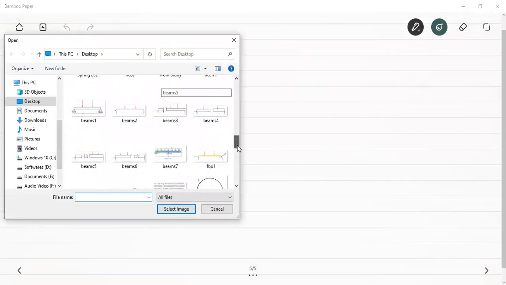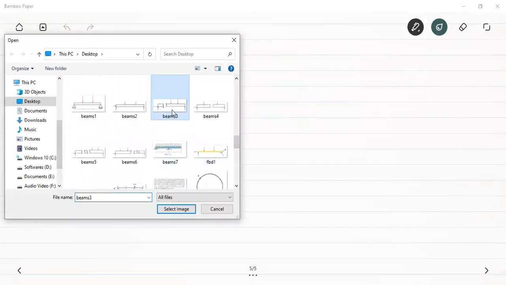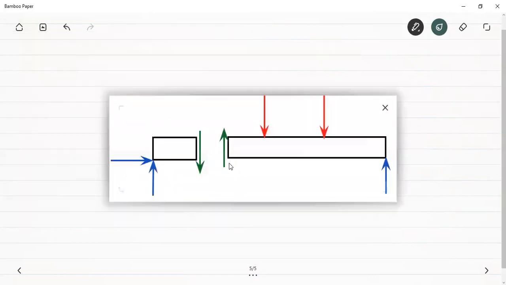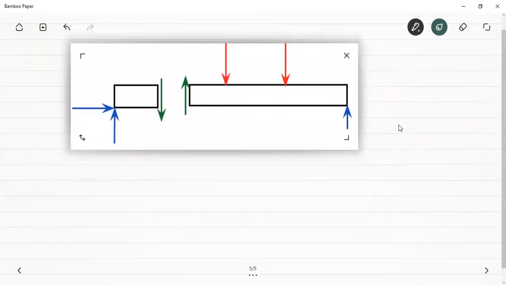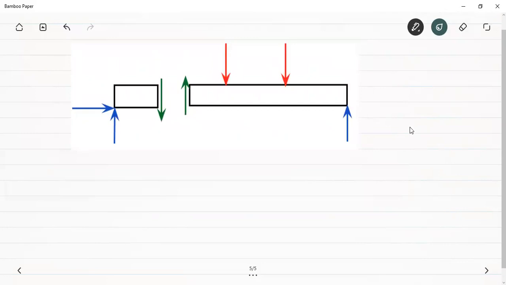Now I have broken this beam into two parts. I think this was point A. This point was B, isn't it? I had taken the section between A and B. So after taking the section here, this is the left hand side of the section. This complete will be the right hand side of the section.